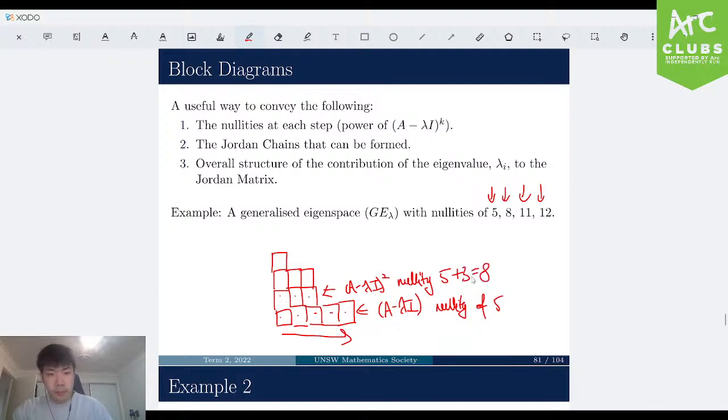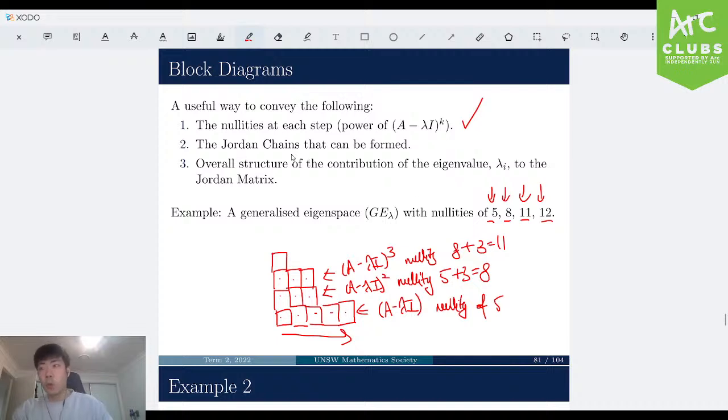So it equals 8. And this level will have A minus lambda I cubed has a nullity of 8 from the previous level plus another 3. Right? And as you can see, this exactly matches the information provided. Okay? So that's the first one.